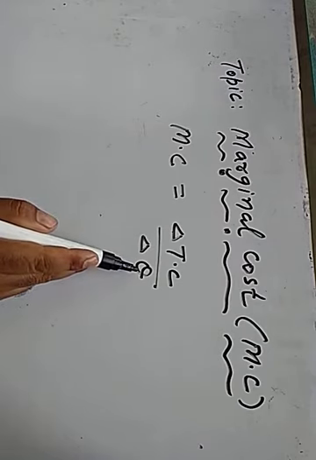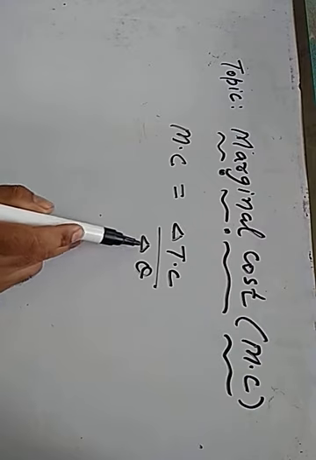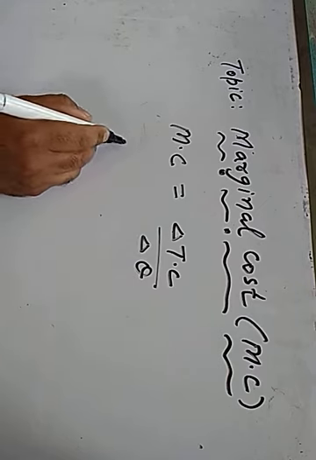Q is quantity of commodity or service produced, or level of output, where del shows change in level of output, and it is obtained with the help of this formula.